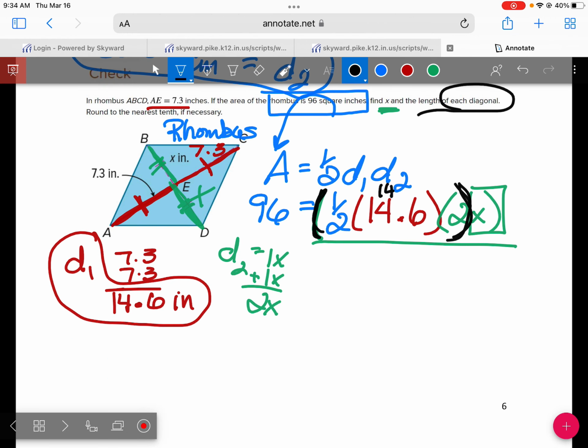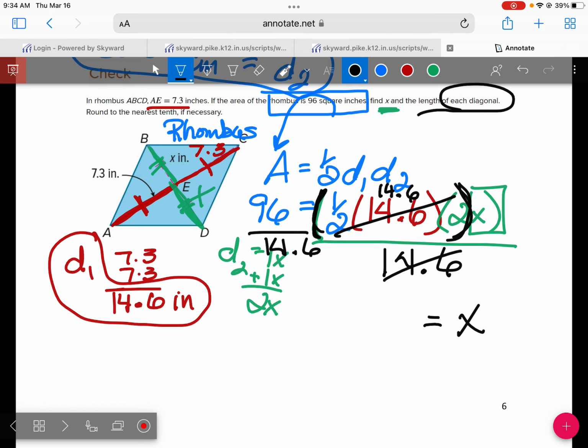So I am going to divide by that number, 14.6, which means I need to divide by 14.6 on the other side. These numbers simplify out, and I get x equals 96 divided by 14.6.